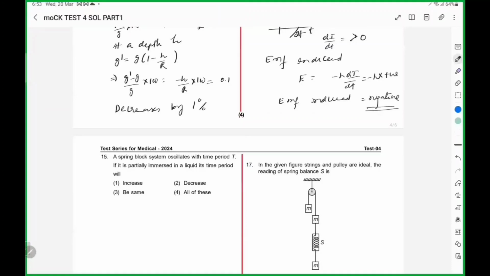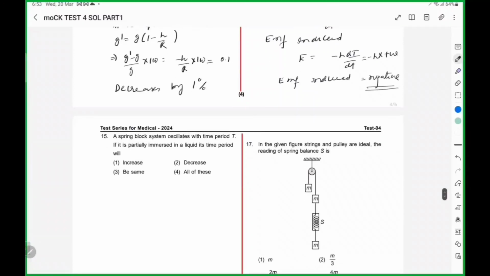So in the next question, when the spring block system oscillates with a time period, this is a known derivation for us. Mass m, spring constant k, time period is 2 pi root m by k.